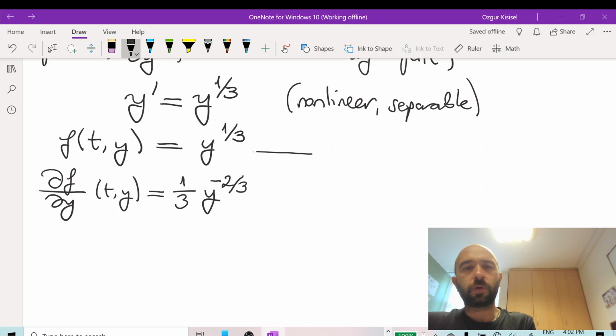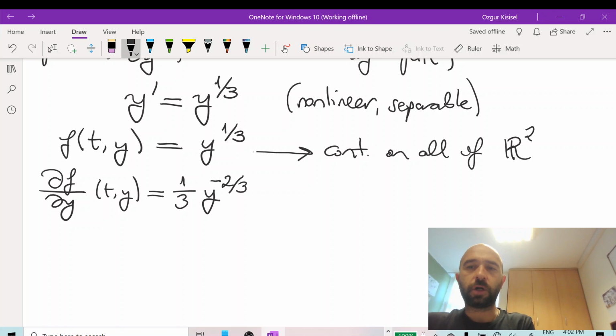Now, f is continuous on all of R2, the ty plane. Whereas the second function is not, because you have a negative power here, so this is like 1 over y to the power 2 over 3.